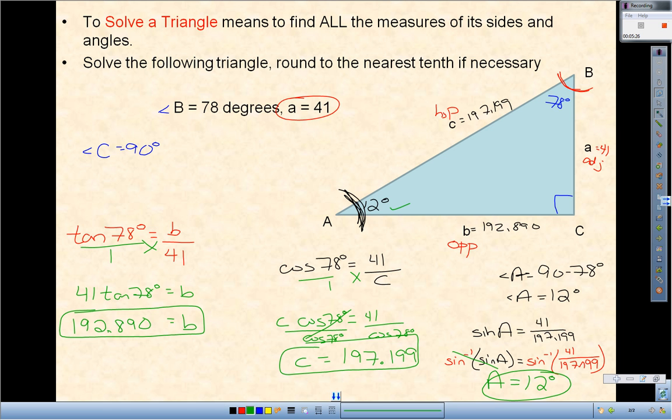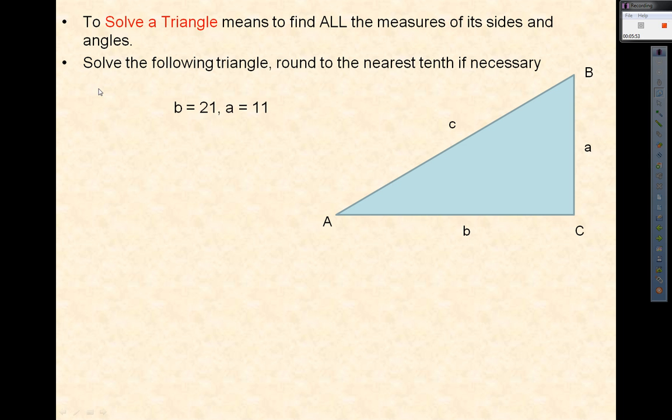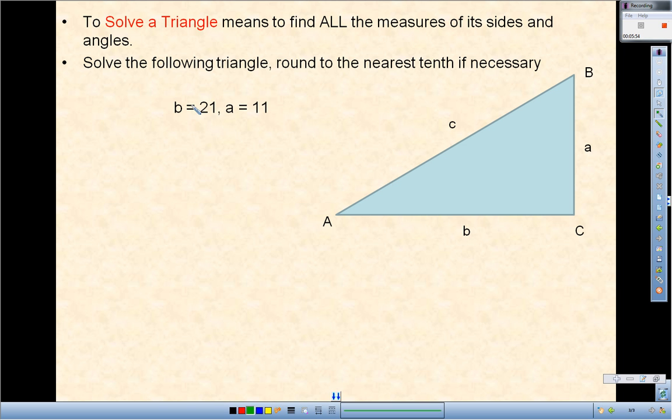For example, let's say I give you another triangle, and this time the only two pieces of information I tell you is that side B is 21 and that side A is 11, and that angle C is your right angle. Well, the issue here is that I don't know what either one of my angles are. So I'm going to have to do an inverse trig function in order to get one of the angles first. Doesn't matter which one I find, so I'm just going to try and find angle A first.